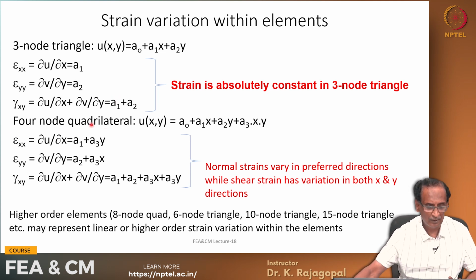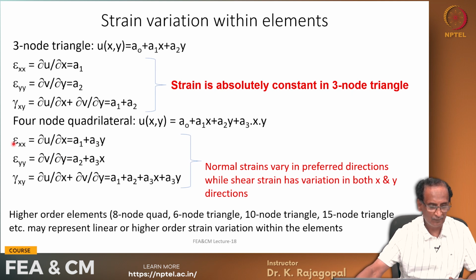So that means that you are unnecessarily constraining a lot on the system, and your result may not be accurate. And when we go into the 4-node quadrilateral, our displacement field is A0 plus A1x plus A2y plus A3xy, and our epsilon x is A0 plus A3y, and epsilon y is A2 plus A3x, and gamma xy is A1 plus A2 plus A3x plus A3y. Okay.